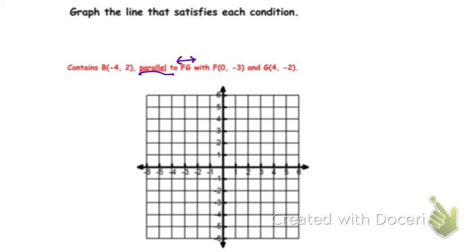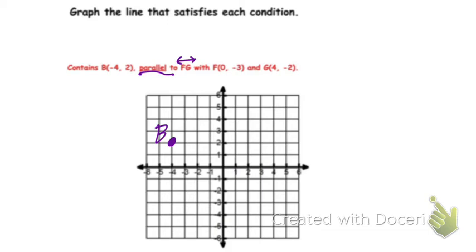So we know we want a certain point on this line. What point do we want on the line we want to graph? It says it contains a point. What point does it contain? B, -4, 2. So our first step is going to be to graph -4, 2 and call it point B. That's the point we want on this line.